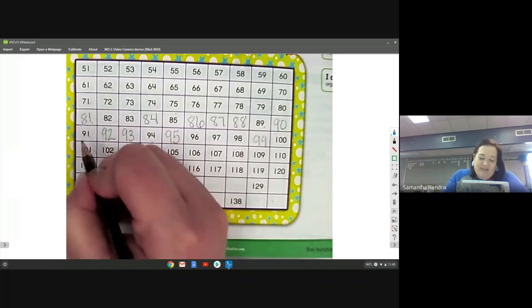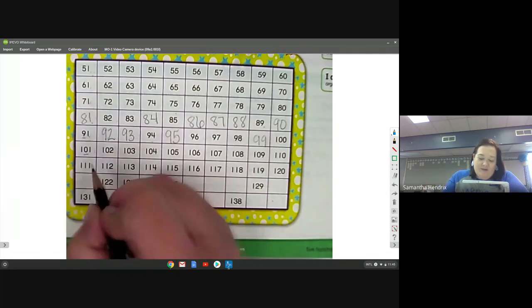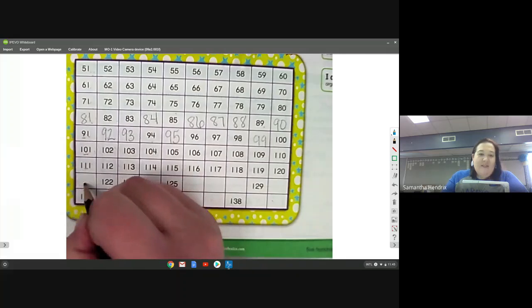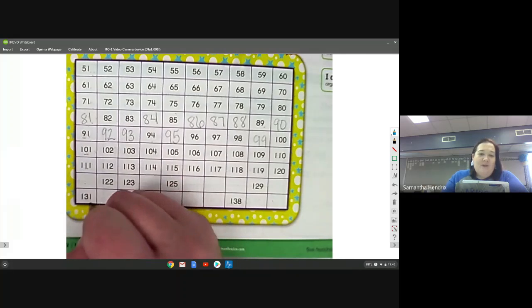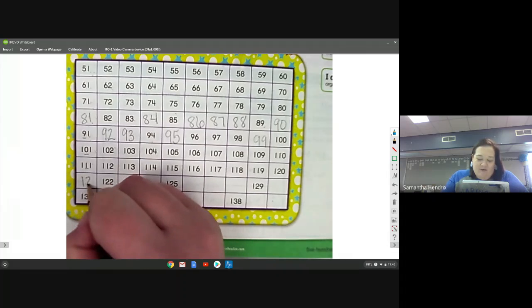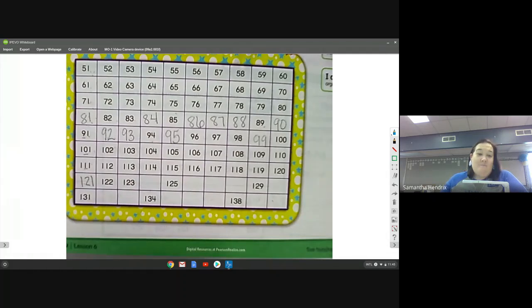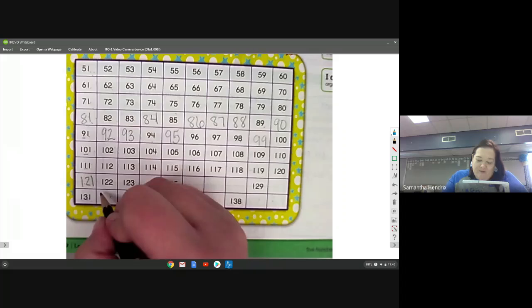So look at that tens place. It's going up 1. So we have 0, 1. What's going to come next? Here's 131, 121. Okay, what's going to go here? 131, 132.